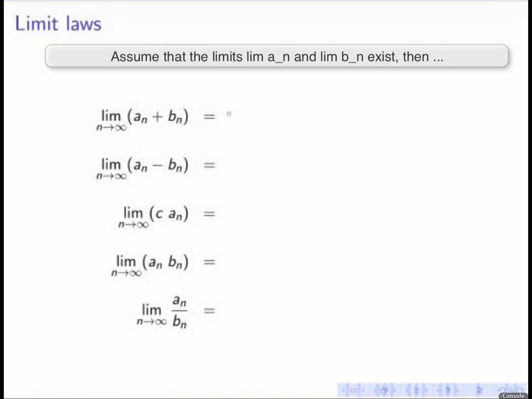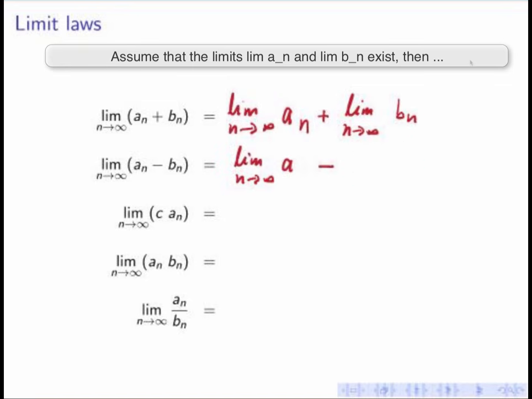You can do all kind of computations, manipulations with a limit. So for example, if you have a sum of two sequences, the limit of the combined sequence a_n plus b_n is the sum of the limit as n goes to infinity of a_n plus the limit as n goes to infinity of b_n. Similar for the difference. If you have a difference of two sequences, then the limit is the difference of the limits.